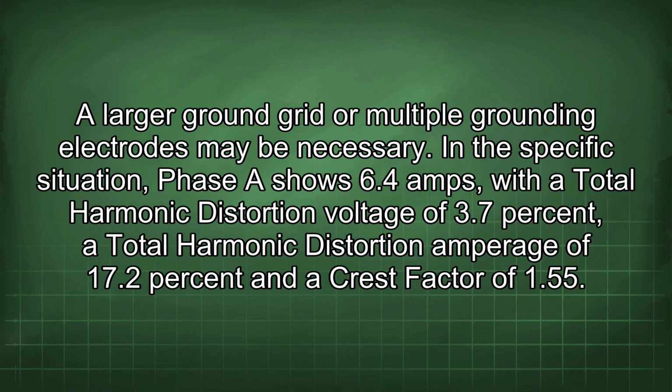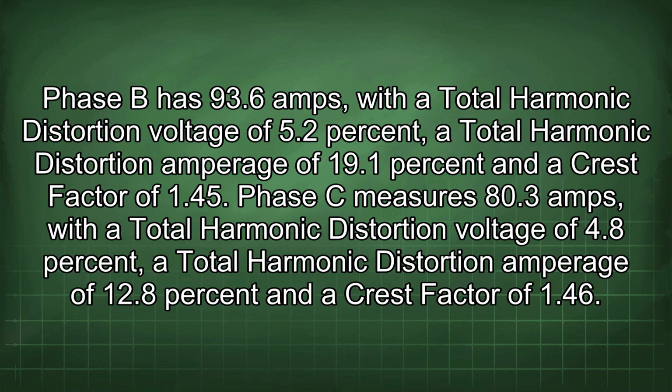In the specific situation, Phase A shows 6.4 amps, with a total harmonic distortion voltage of 3.7%, a total harmonic distortion amperage of 17.2%, and a crest factor of 1.55. Phase B is 93.6 amps, with a total harmonic distortion voltage of 5.2%, a total harmonic distortion amperage of 19.1%, and a crest factor of 1.45.